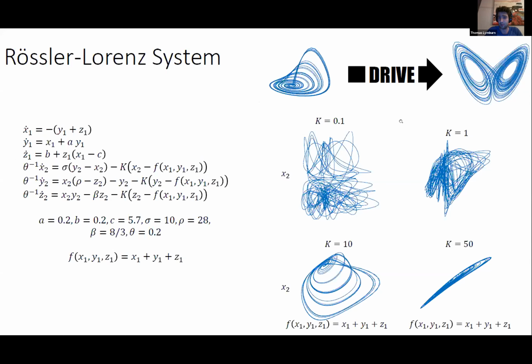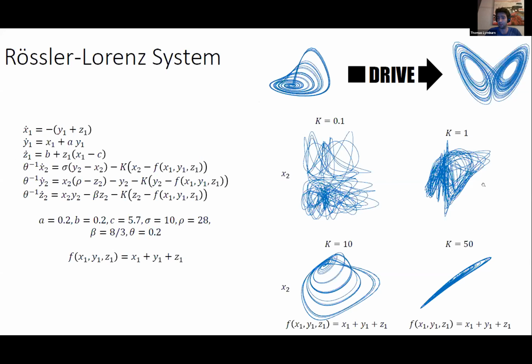So here are a few examples of slices through this system, showing what sort of different relationships can be possible. At k equals 0.1, we don't have any synchronization, and we see that there's really no pattern there at all. But at k equals 1, this is an example of synchronization. This is weak GS. And we see it's actually quite a complicated relationship.